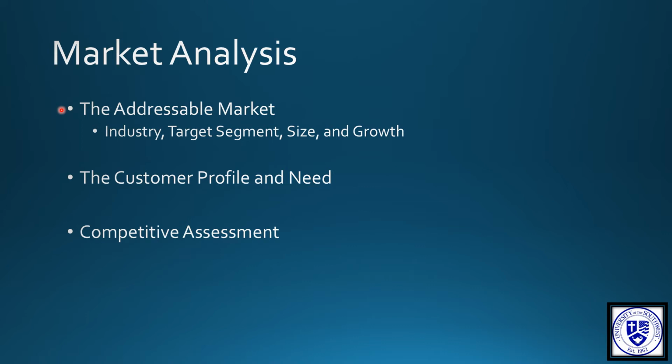So the market analysis component of our business plan should include a pretty detailed description of our industry, the target segments for our industry, the size, growth rates. Are we planning to see growth in the particular market that we're serving?